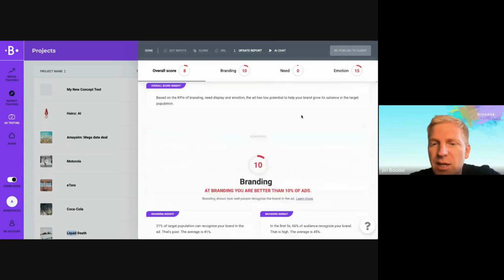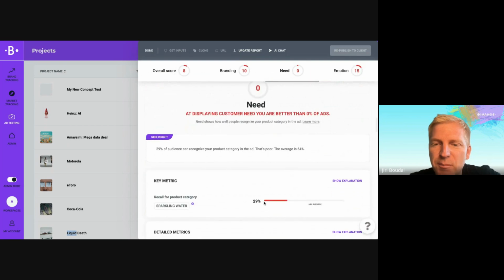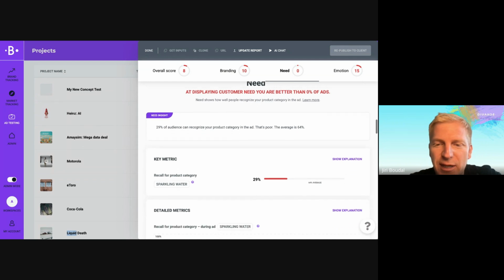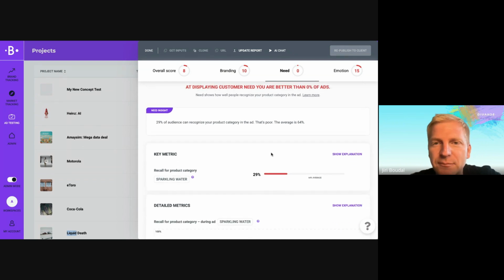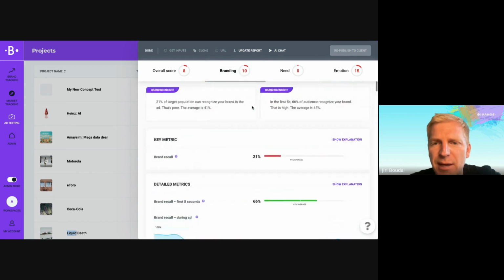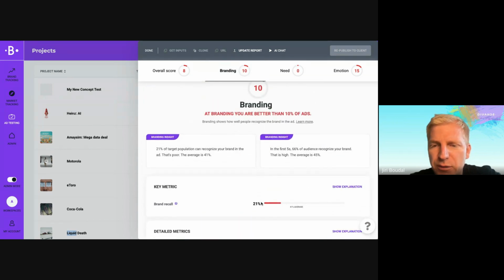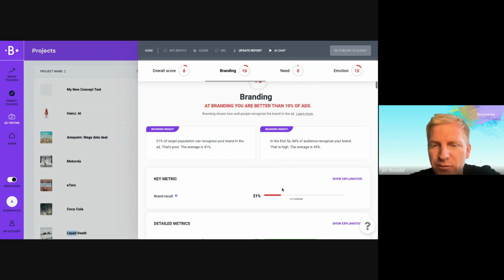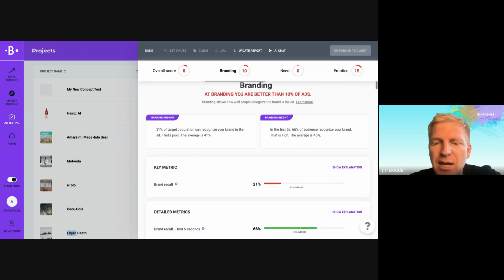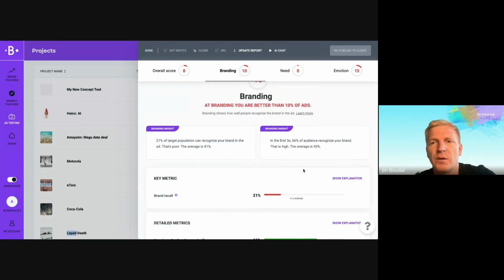So basically just 30% of people were able to tell that this was for a sparkling water. With branding, it was a little bit better. Oh no, it was actually even worse in terms of the spontaneous brand recall. It was good at the beginning, but overall it wasn't enough.